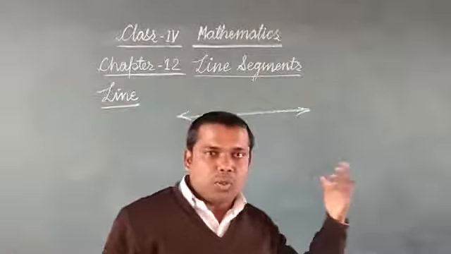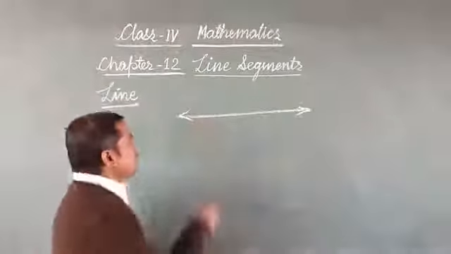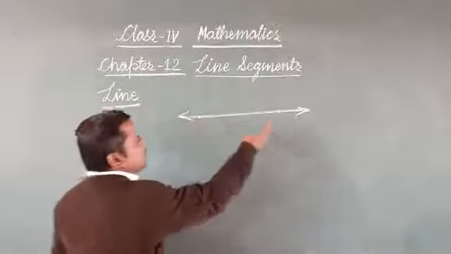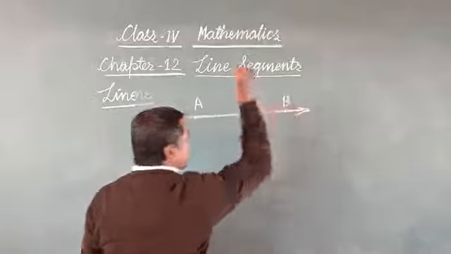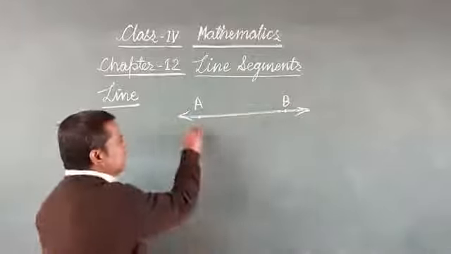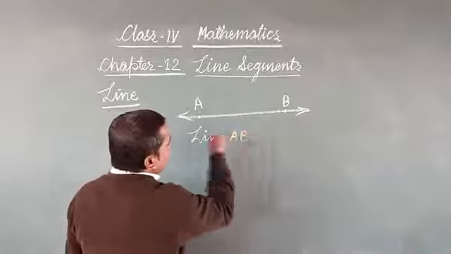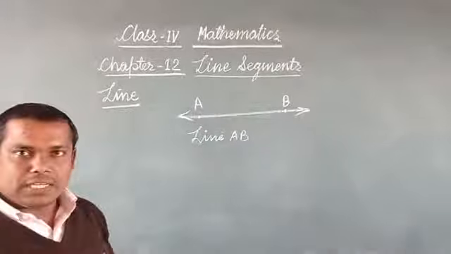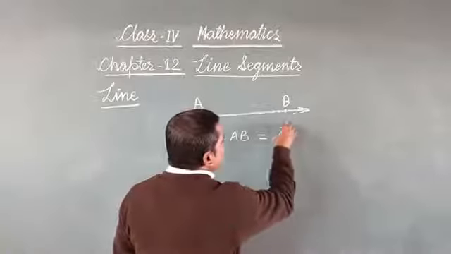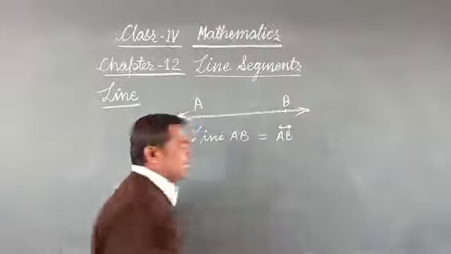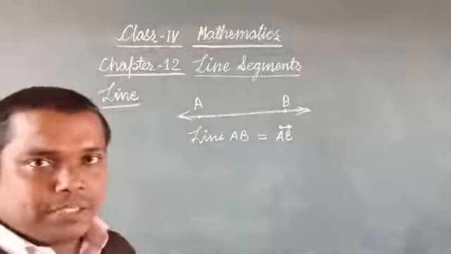Now more about this line. How to represent it? We take 2 points on this line, A and B, and then we write line AB. Or we can also write AB with a small line above both the letters to represent line AB.